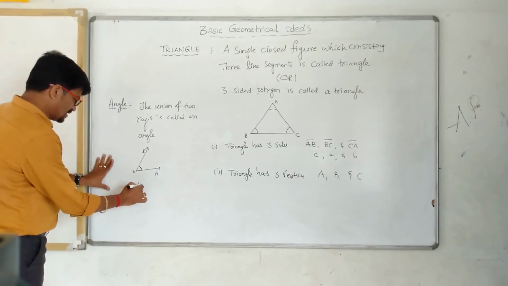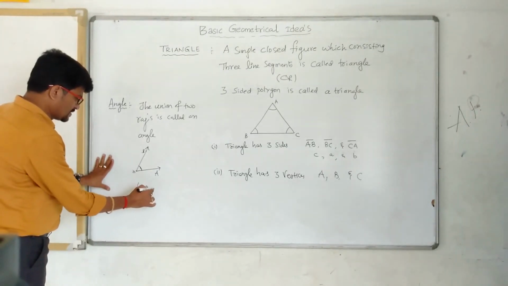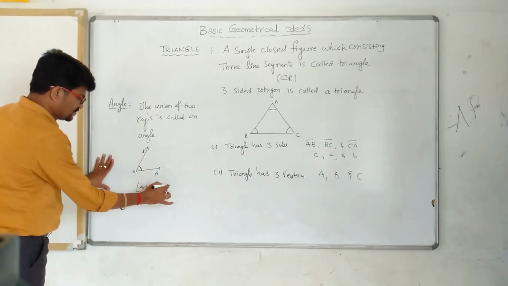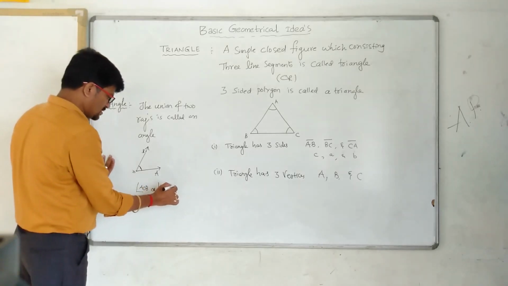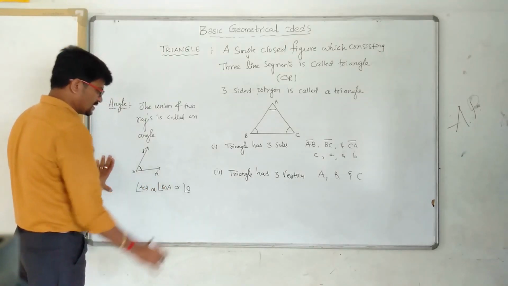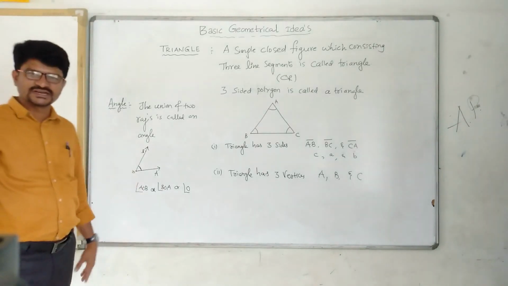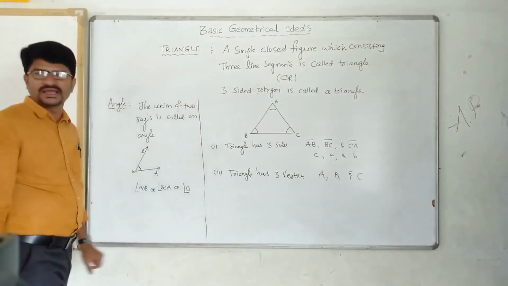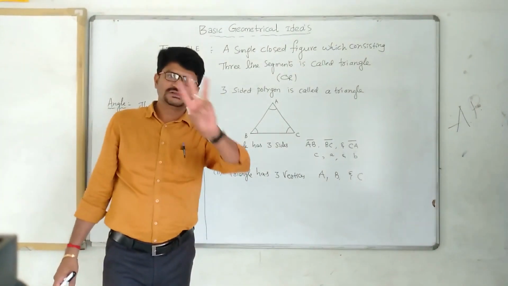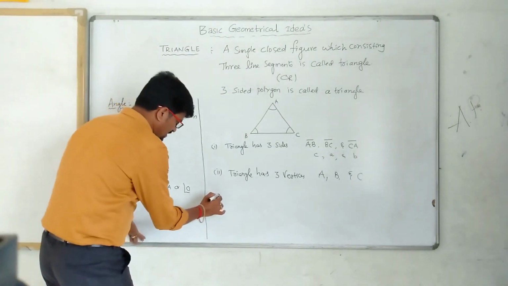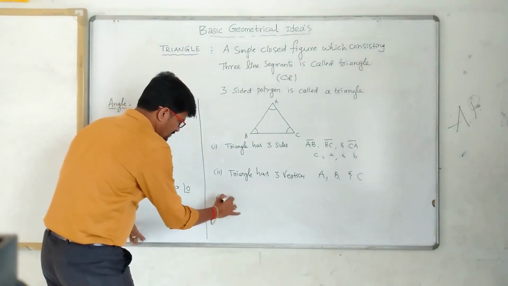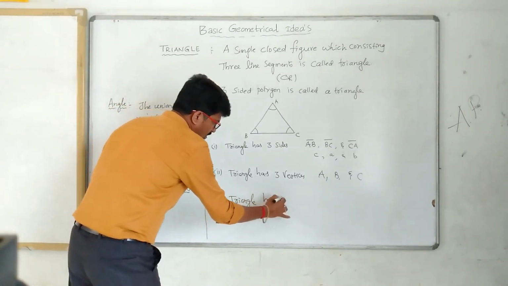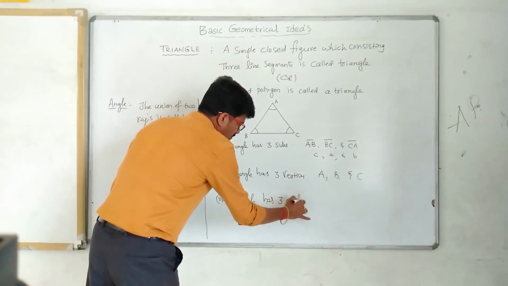Therefore, it can be written as angle AOB or BOA or angle O. Is it clear, children? So, like that, how many angles does a triangle have? A triangle has 3 angles.